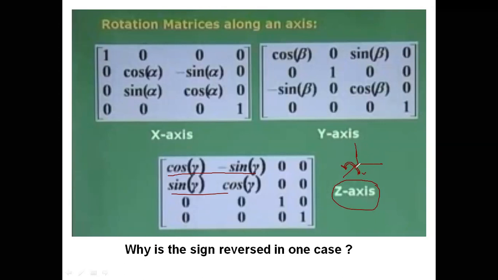So z dash will be z only, and x dash we can calculate simply as x cos theta minus y sin theta, and y dash will be equal to x sin theta plus y cos theta.